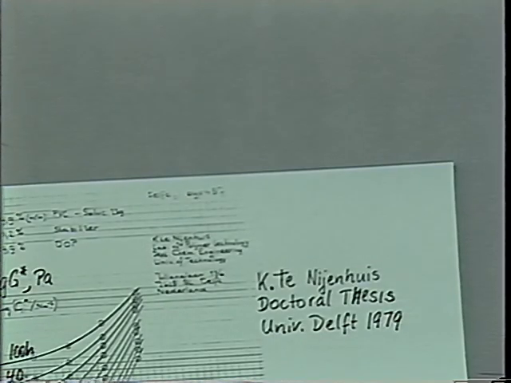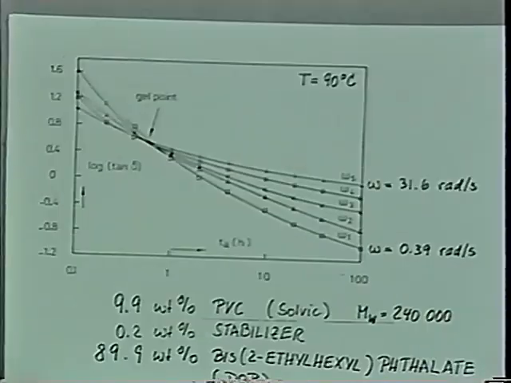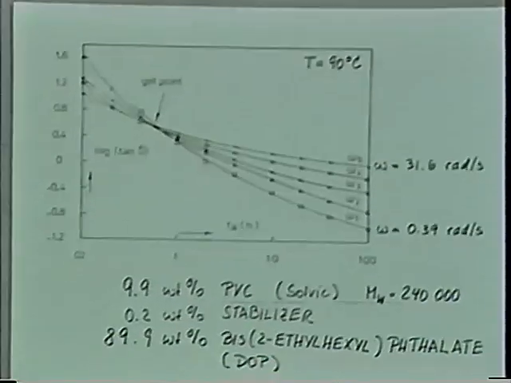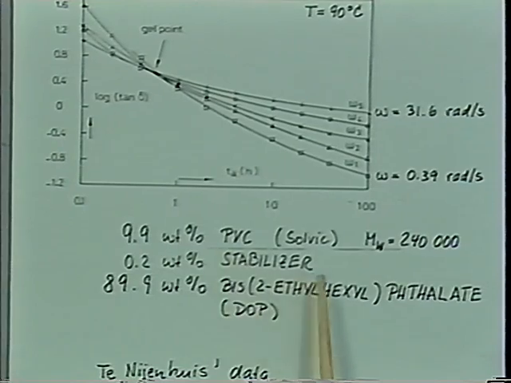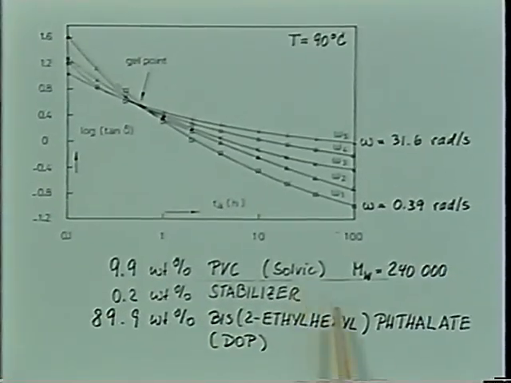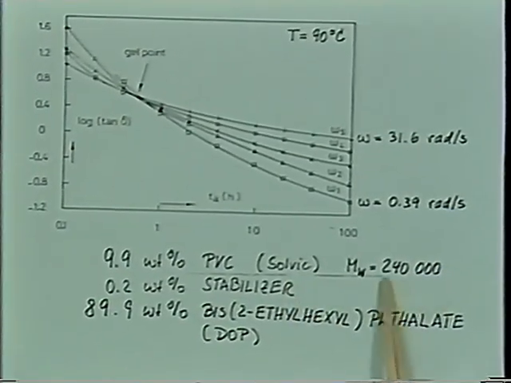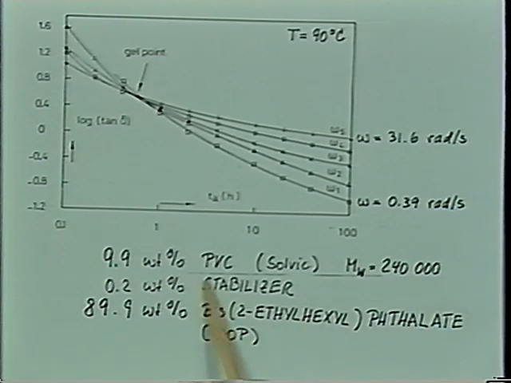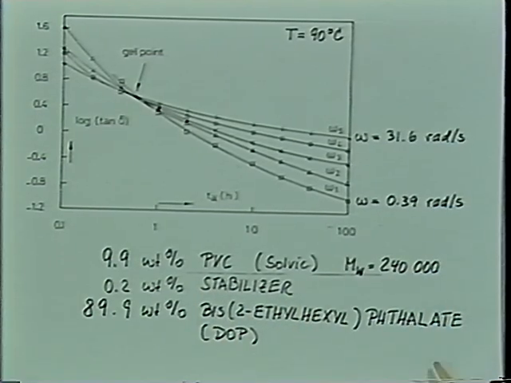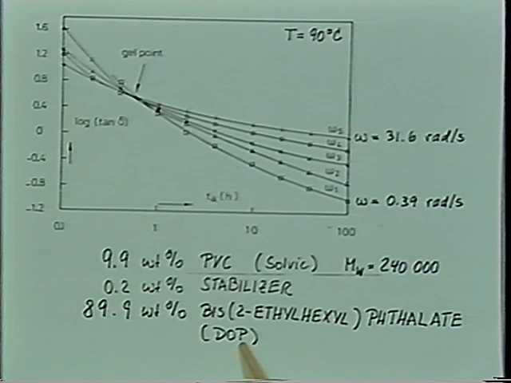And one of my slides here, I had the data. Yes, here I have some data. Here, this is the PVC from Solvay of a molecular weight of 240,000. He added a little bit of stabilizer, and then had DOP as a solvent.